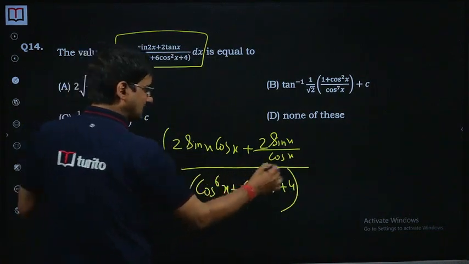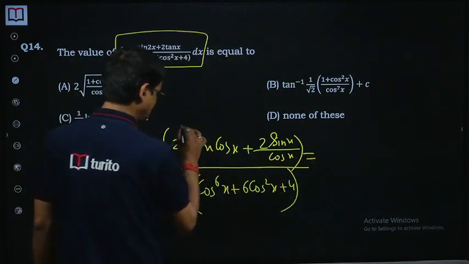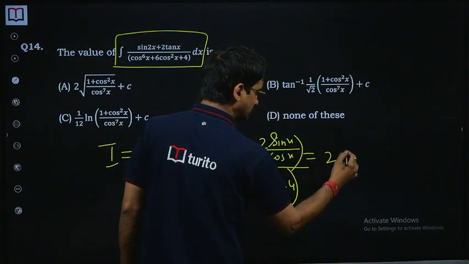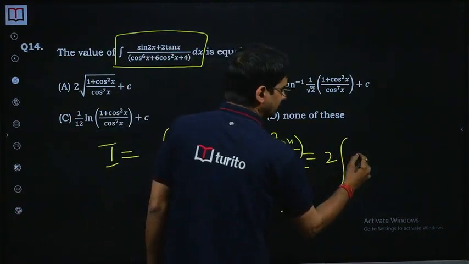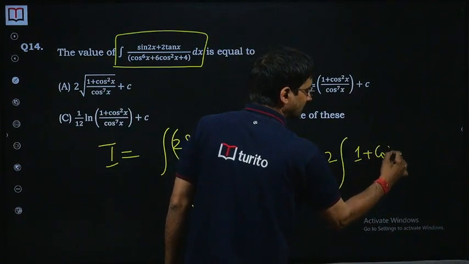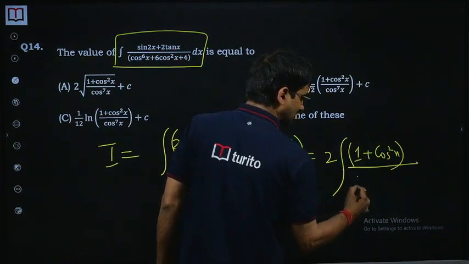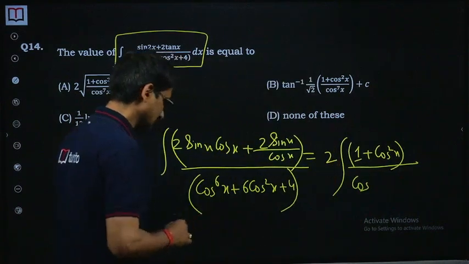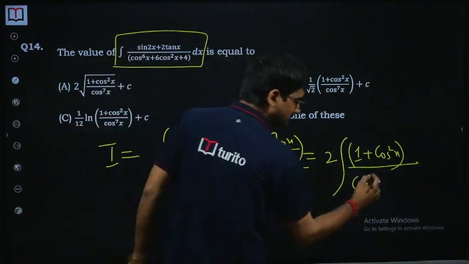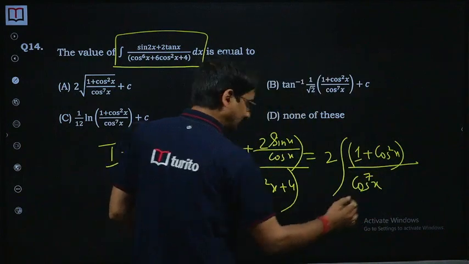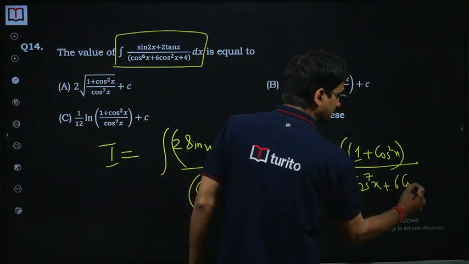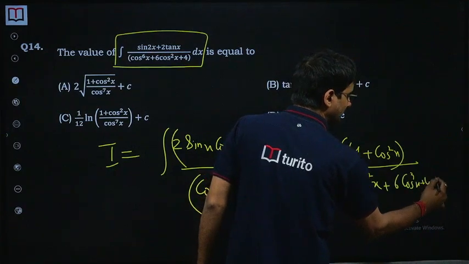So see, initially this question took some time for me to get it to the form which I thought to be useful. So cos square x, or the form in which I thought I can easily integrate it. Then I took cos inside, cos 7 plus 6 cos cube plus 4 cos x.